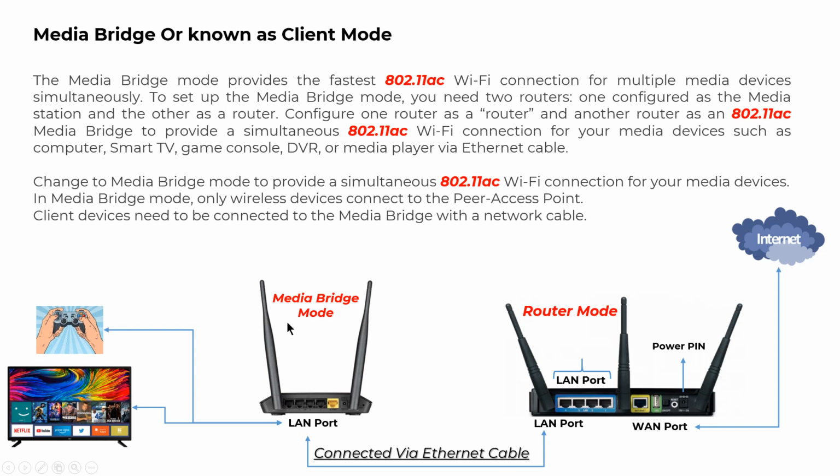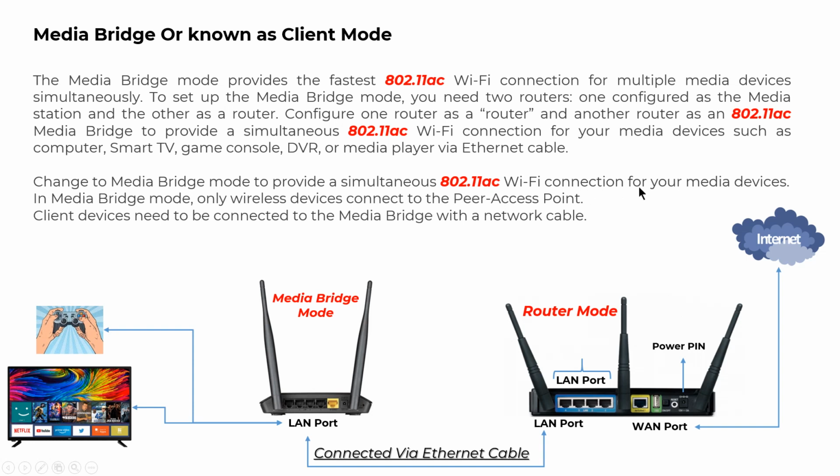On this device we can connect our legacy console devices, and we can also connect our smart TVs. You will find this operation mode on wireless devices which support the 802.11 AC standard.